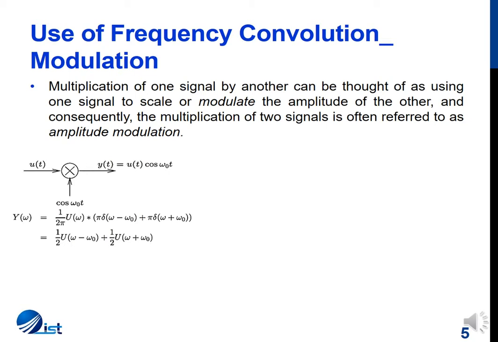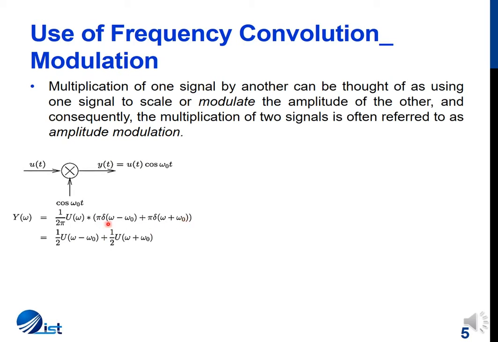So using the frequency convolution property, substituting the Fourier transform for the cosine wave, cos of omega naught t is a transform of pi delta of omega minus omega naught plus pi, which is the amplitude, delta of omega plus omega naught.